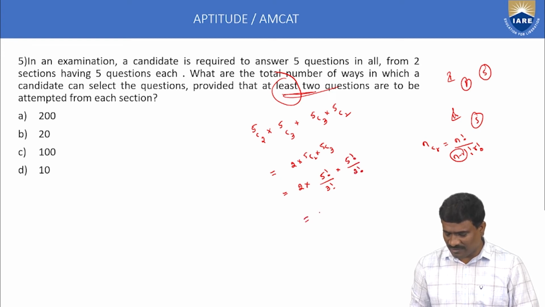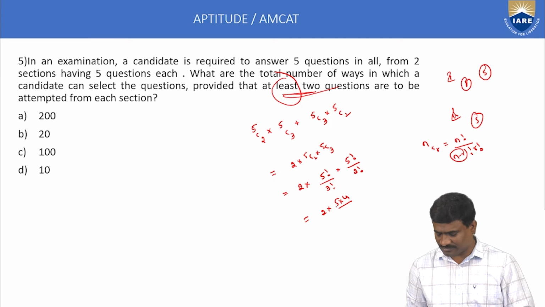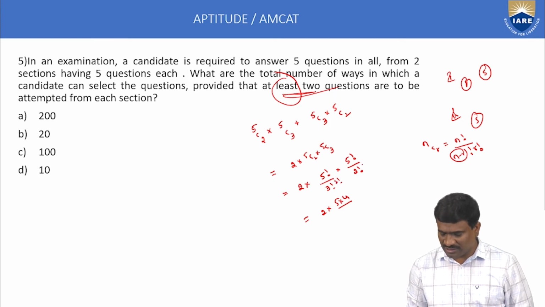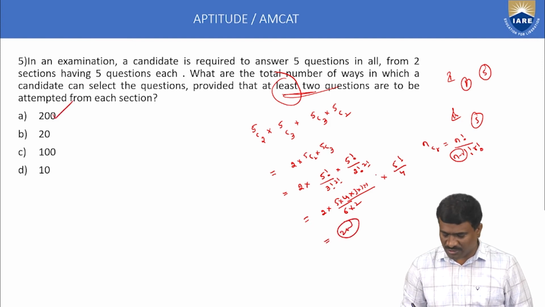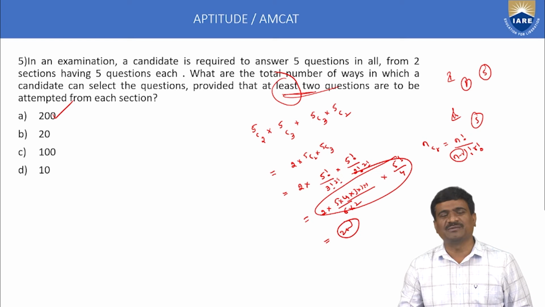Next, 2 into 5 into 4 by 2 factorial into 2 factorial. 5 into 4 into 3 into 1 divided by 6 into 2. Similarly, 5 factorial divided by 4, is equal to 200. Option A is the only correct answer. The remaining part is only simplification.